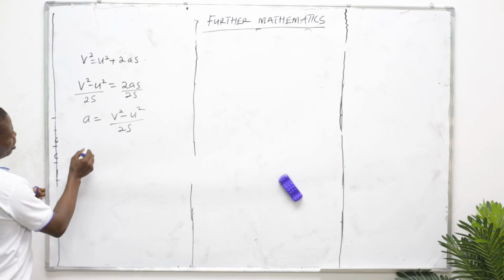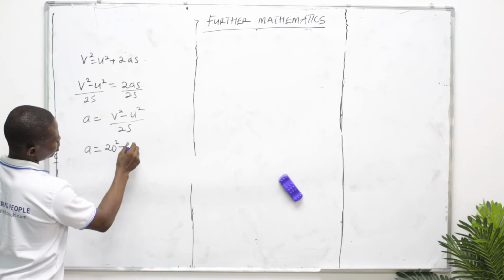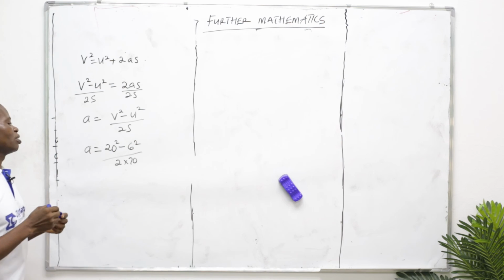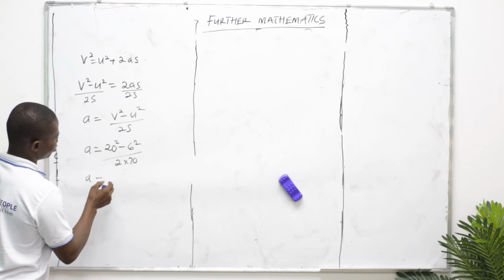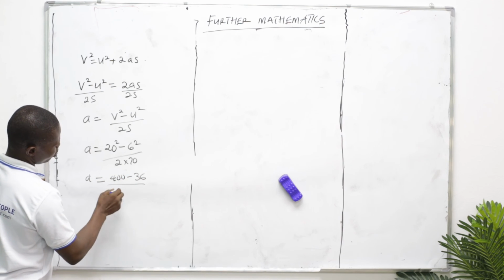Now, acceleration equals 20 square minus 6 square all over 2 times 70 meters. So acceleration equals 400 minus 36 all over 140.